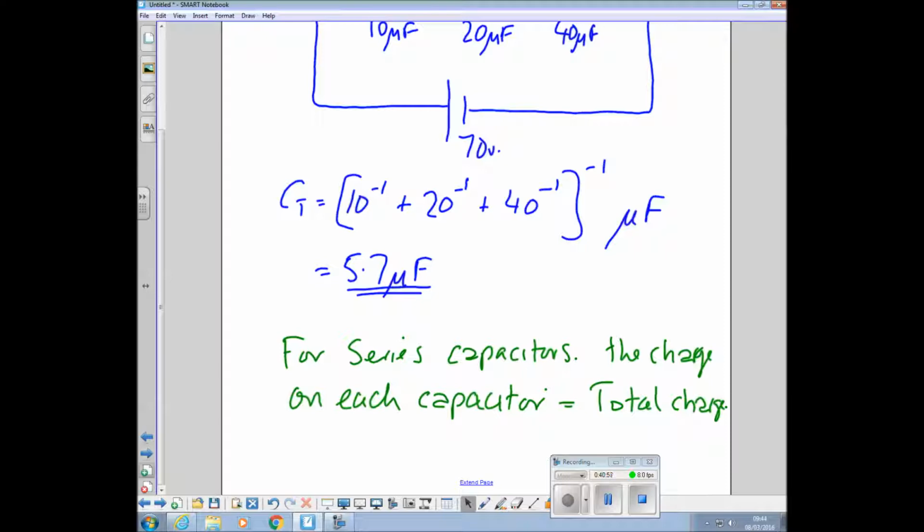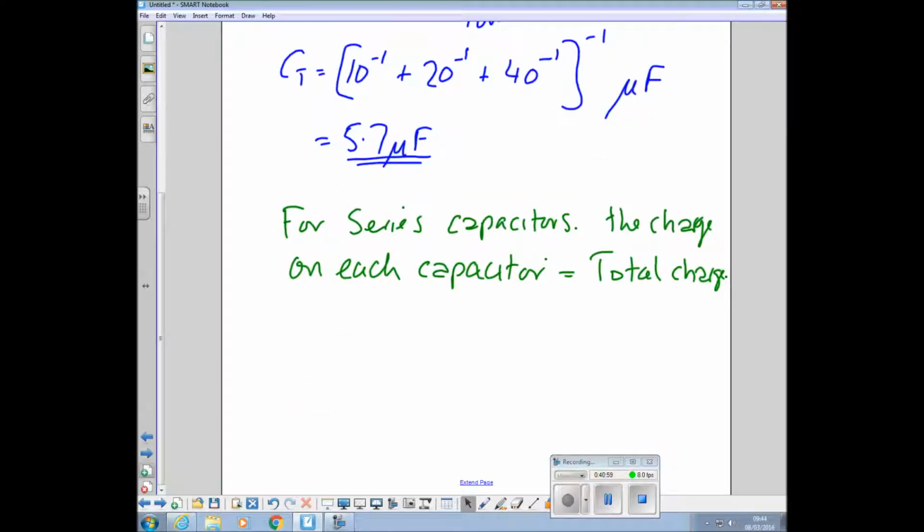Okay, so from what we already know, and from the formulas I told you earlier, how do we calculate total charge? QT equals which capacitance?